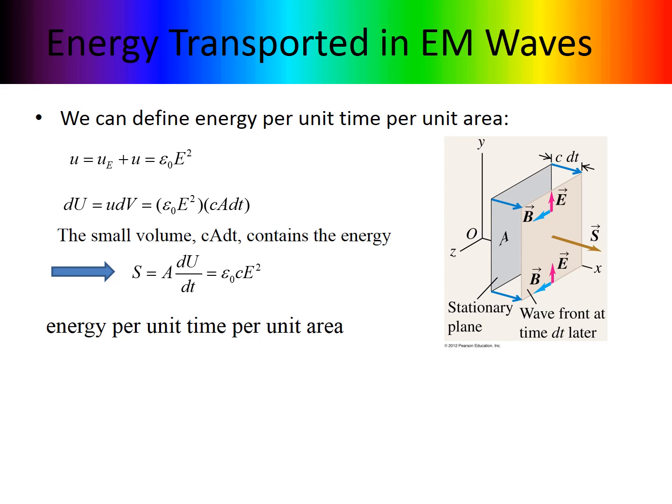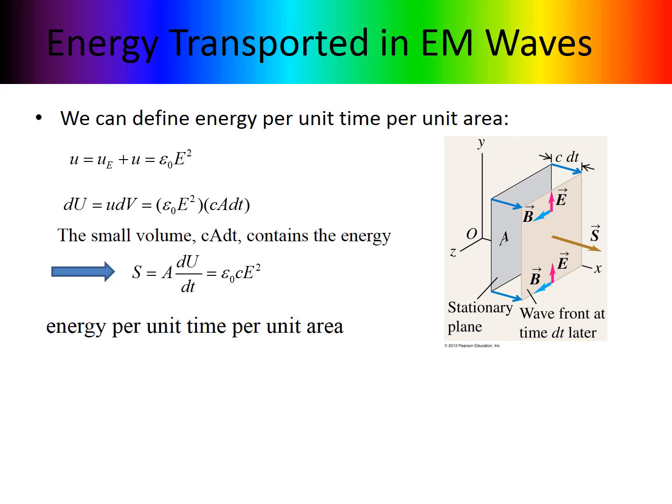It's cross-sectional area times thickness. And the thickness in that amount of time would be equal to speed times dt, which gives us units of meters, which gives us the units required for our thickness. So speed times small change in time dt multiplied by area gives us small volume dV.